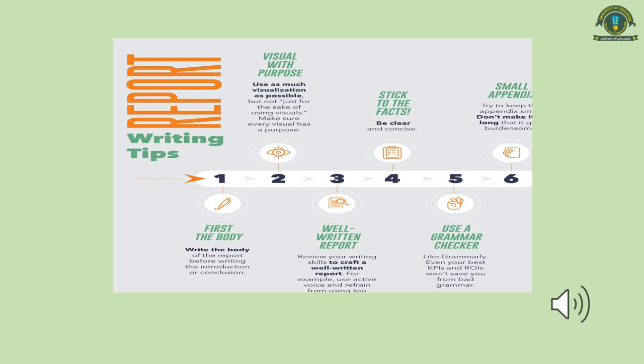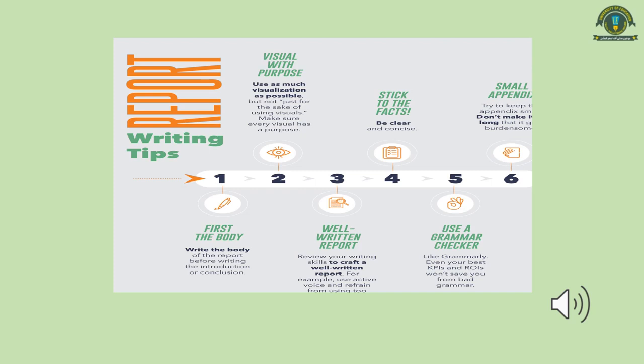Now the third step in this regard is a well written report. The arrangement or sequence of all the points must be systematic, according to the importance of different points, and all the wording which you are using must be clear in tone, the language must be clear and easily understandable for the readers.